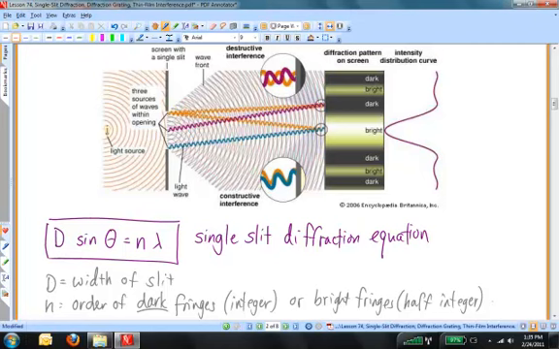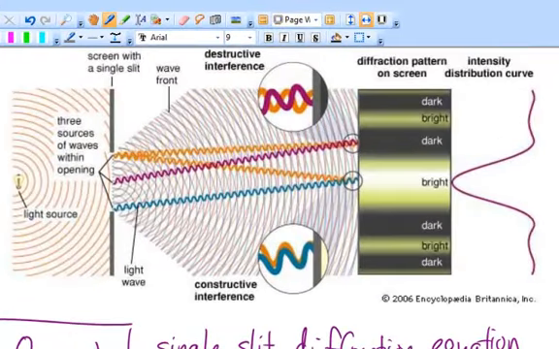There is a similar small angle approximation that can be made for single-slit diffraction as is done for Young's double slit. The diagram that you see here from an online version of Encyclopedia Britannica exhibits some of the geometry.